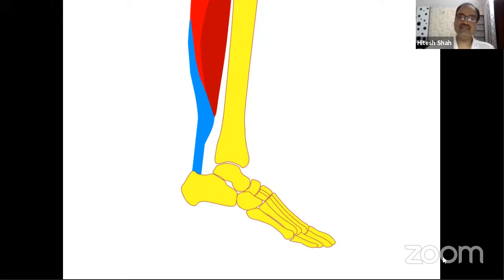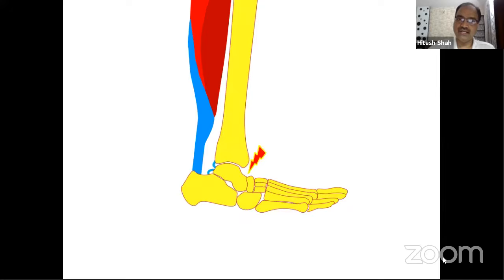If we try to manipulate in order to correct the hindfoot equinus, we can land up with a secondary deformity, which can lead to a rocker bottom foot. It is an iatrogenic deformity, and it is difficult to correct.